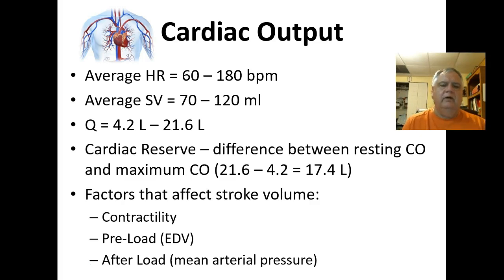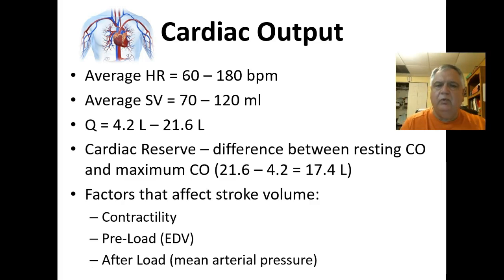Okay, finally, I'd like to talk a little bit about some factors that can affect that stroke volume. So the stroke volume is the amount of blood that gets ejected again from the ventricle, and again, we'll look at the left ventricle, into the aorta. What I'm talking about here is what kind of factors can affect how much blood gets ejected into the aorta per heartbeat.